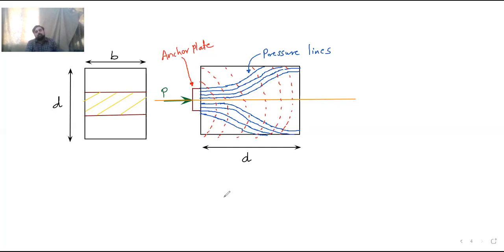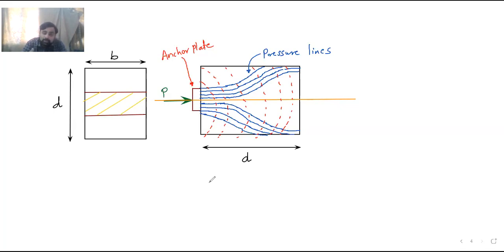The red dotted line shows how the tensile stresses are acting, and the blue line shows how the compressive stresses are concentrated. Due to these stresses there is a generation of forces, which we call bursting forces.